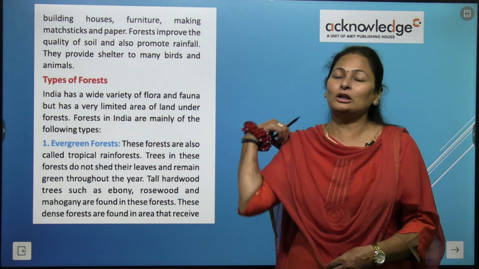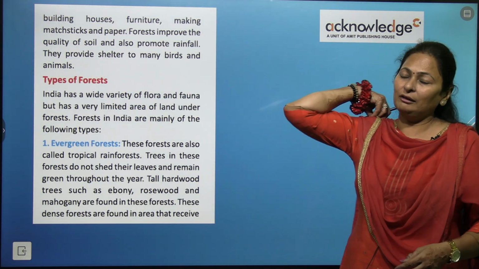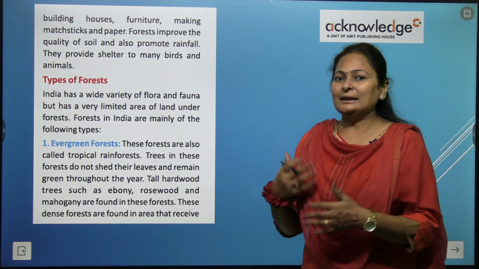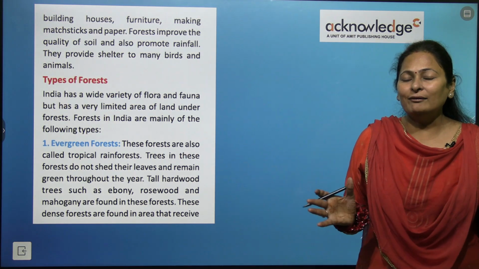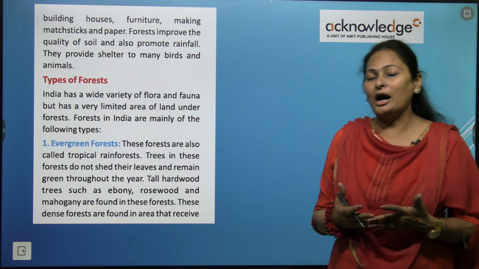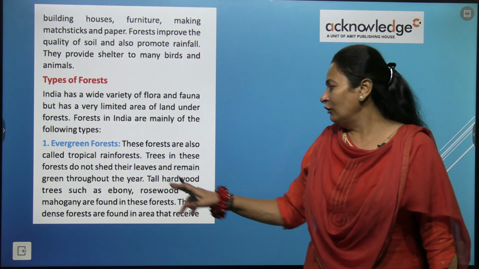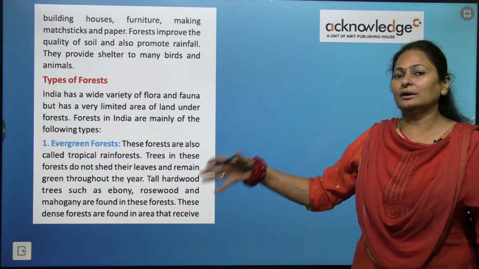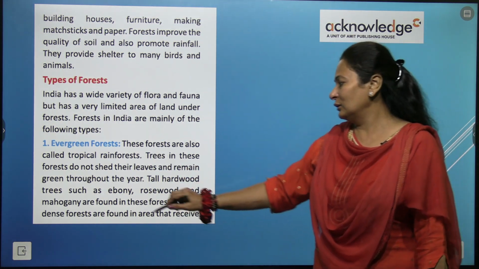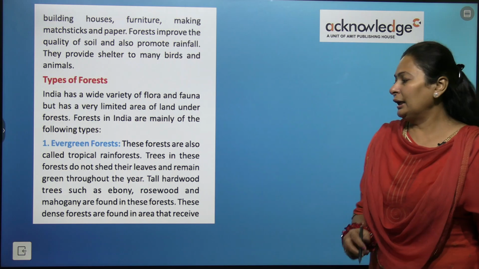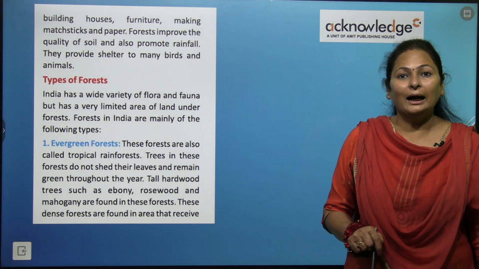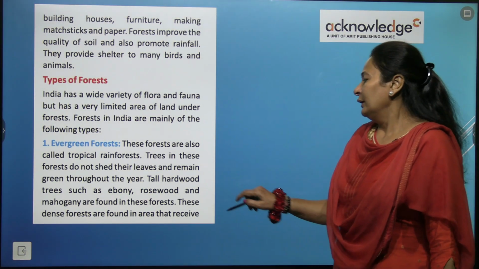Let's quickly revise this one more time. Evergreen forest, we also call them tropical forest, right? Trees in these forests never shed their leaves throughout the year, right? Examples of the trees that grow there are ebony, rosewood and mahogany, right?